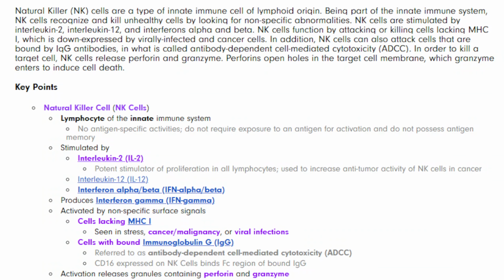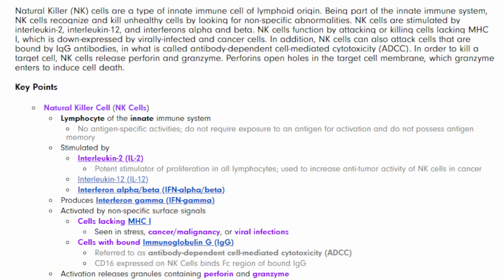Just remember that. That's the way the natural killers target or kill the cells. The perforin opens holes in the target cell's membrane, which granzyme enters to induce cell death.